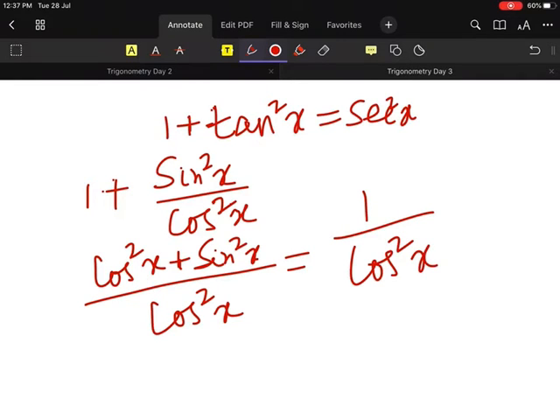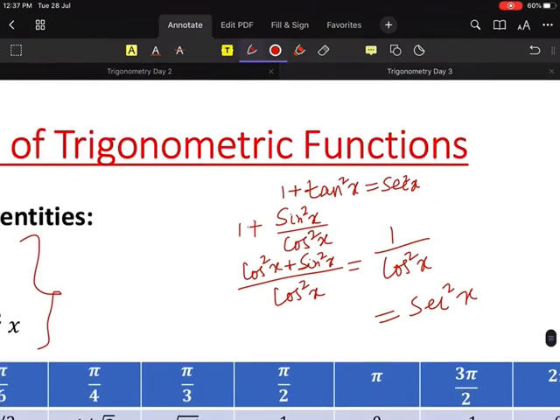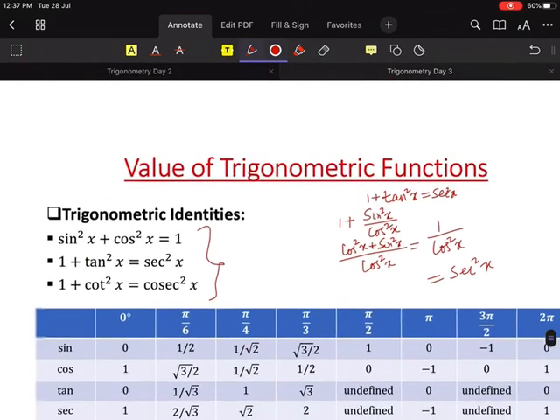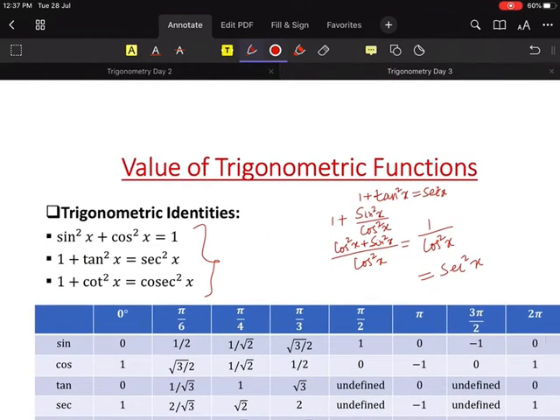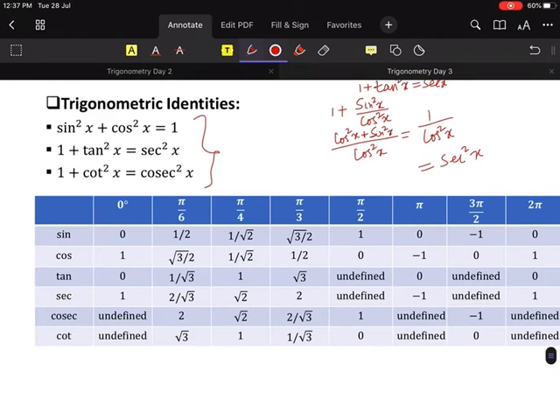And 1 by cos x is sec x. So 1 by cos square x will be sec square x. Am I clear? Understood? And same goes with the third one, that is 1 plus cot square x is equal to cosec square x.